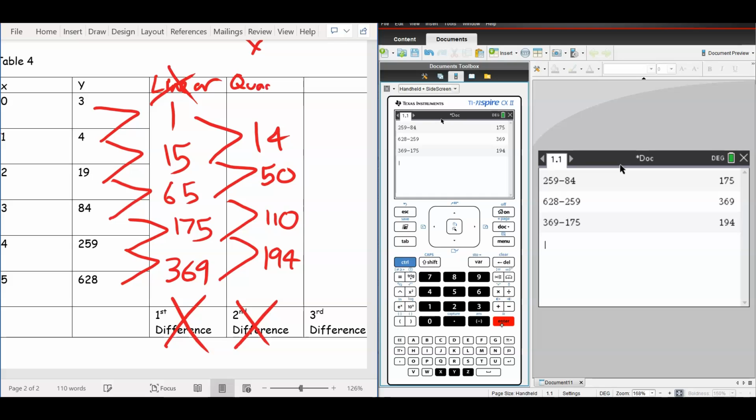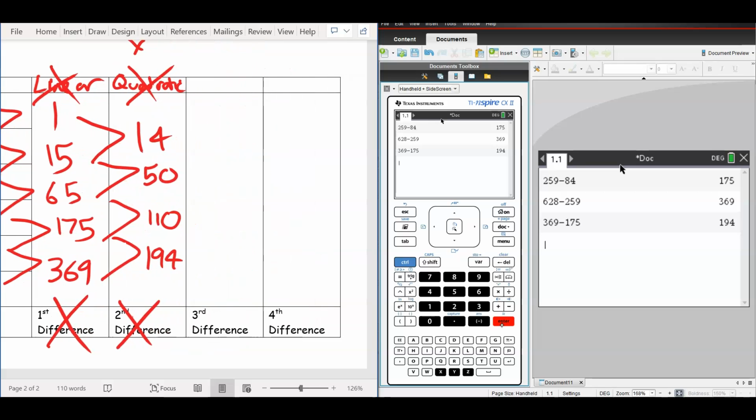No, it is not quadratic. All right, let's try the third difference. 50 minus 14, 36. 110 minus 50, 60. 194 minus 110 is 84. Is the third difference the same? So it's not cubic either.